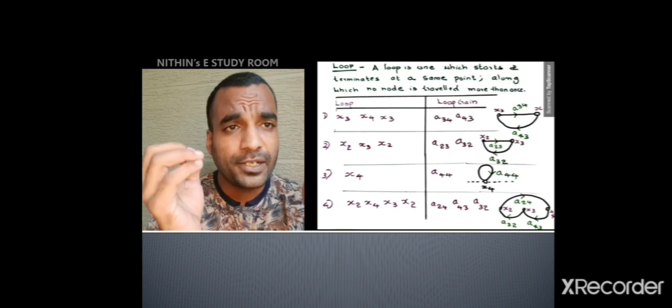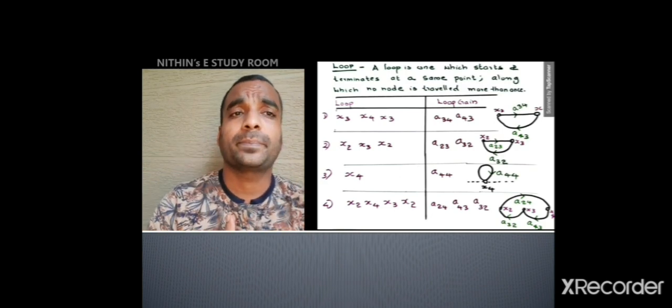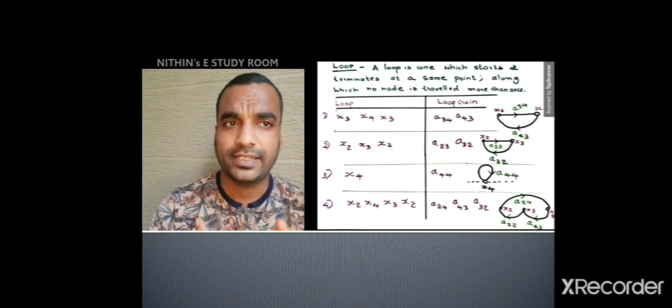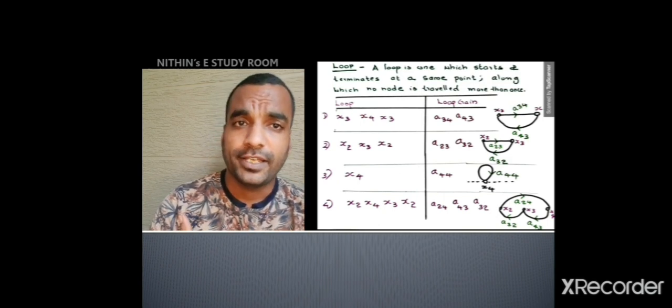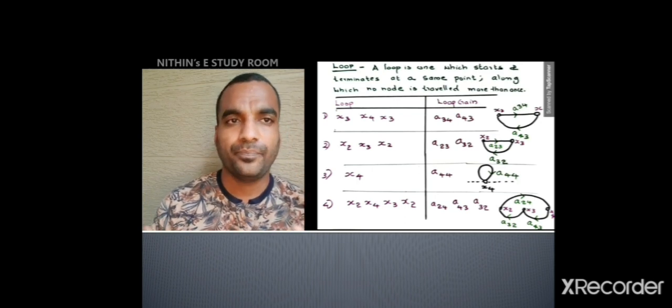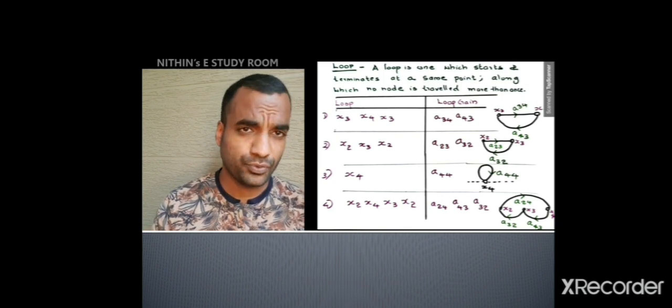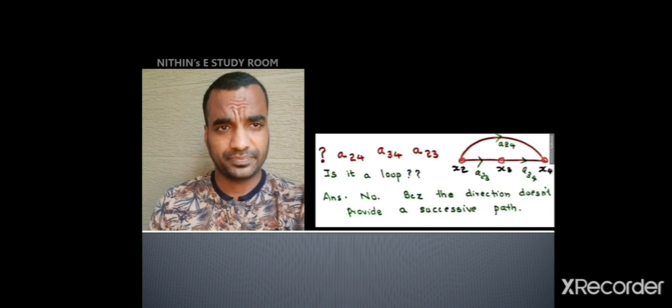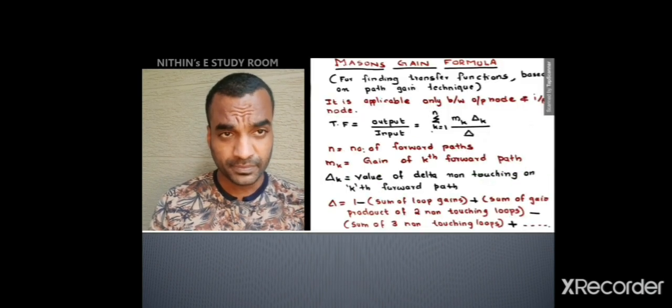What will be the total loop gain of that particular path? You have to multiply A34 and A43. That is, you have to multiply 5 and 2. So the loop gain is 10. Like that, in a problem, you have to directly substitute the loop gains and find the value. Okay, it will be clear while doing problems.